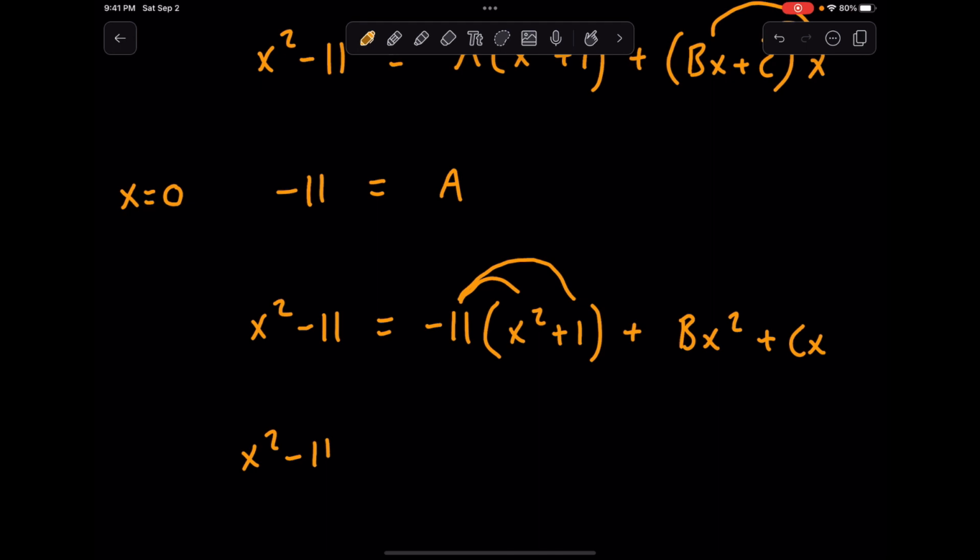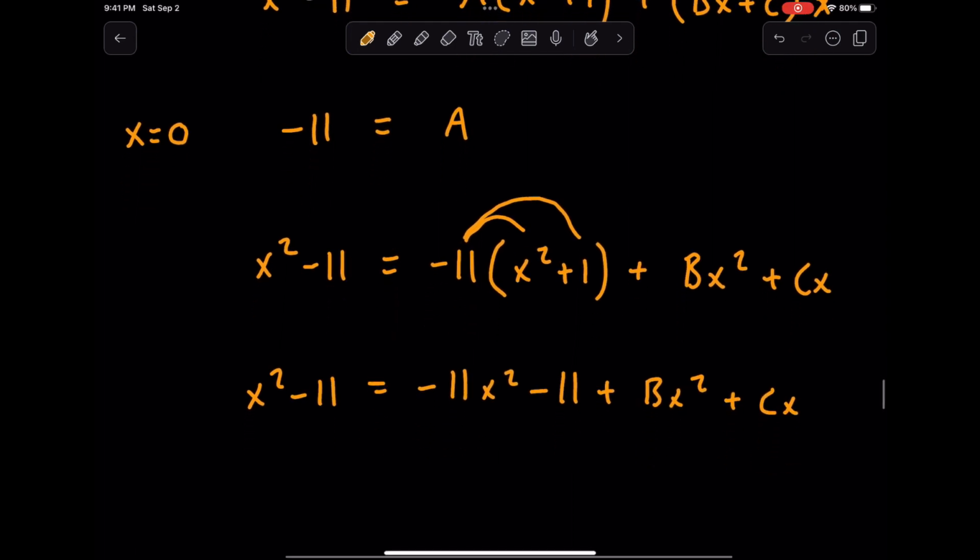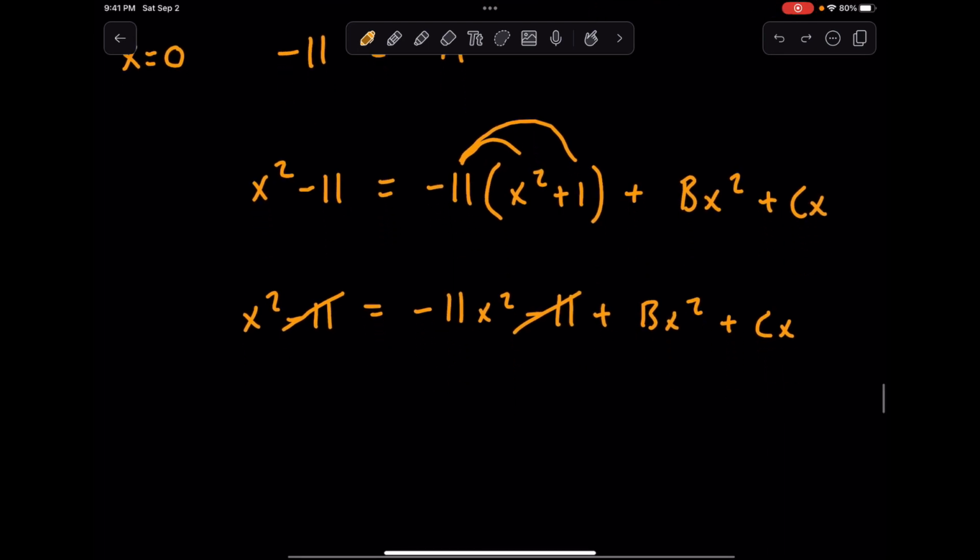So let's rewrite this as negative 11x squared minus 11 plus bx squared plus cx. These 11s will cancel on both sides, and we can bring this negative 11x squared term to the other side. So that'll become 12x squared equals bx squared plus cx.